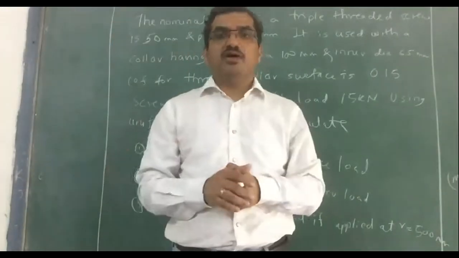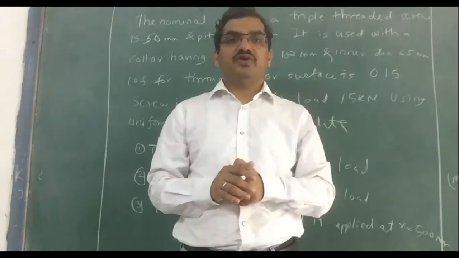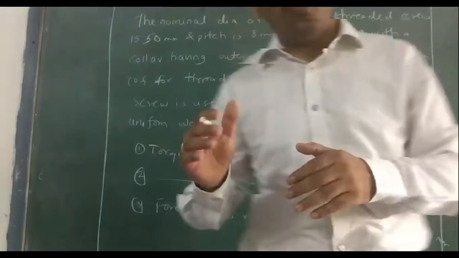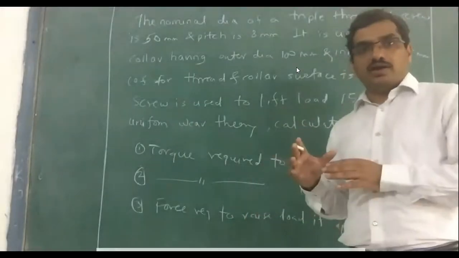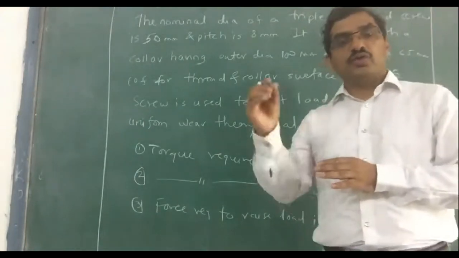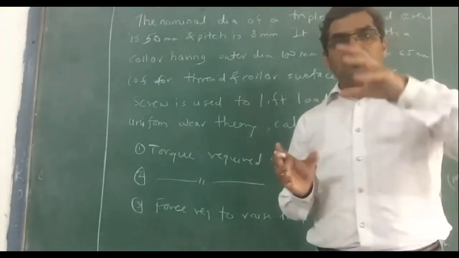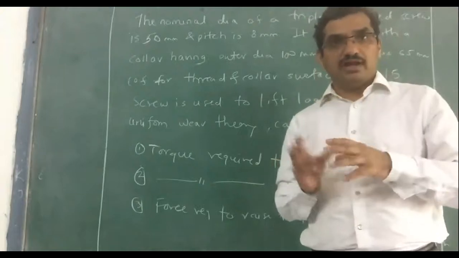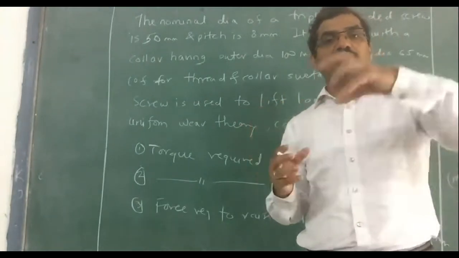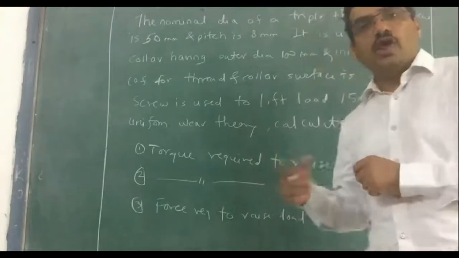This is the frictional force between the surfaces of the thread. But along with this, we also need to overcome the friction of the collar. As I told you, we cannot allow the screw to touch the object, so we will have something in between, a cup, and there will be friction between the collar and the cup, which we also have to overcome.